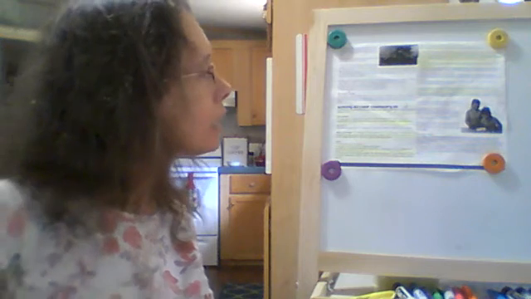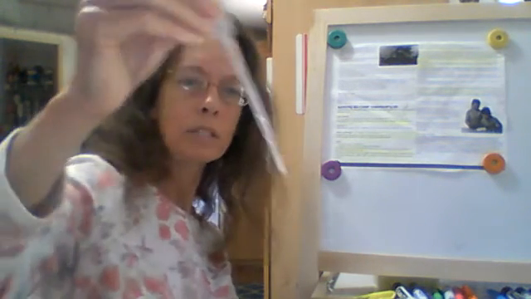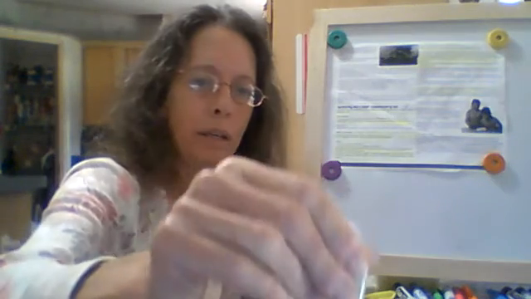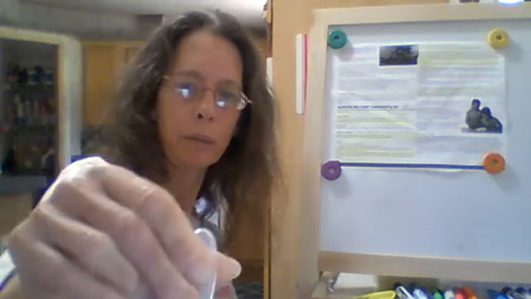Okay. Let's try this one. Let's try doing this with red. Pull some red up and put it in the next cup. And rinse. Pull some yellow up. There's my yellow.